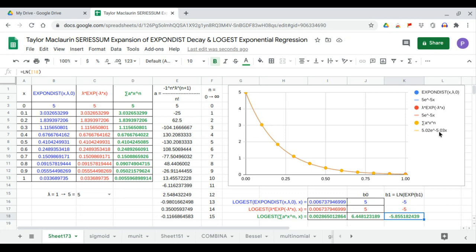Although the trend line shows a slight error, our regression coefficients already differ. This completes the use of array formula, EXPONDIST, and the Taylor-Maclaurin SERIESSUM expansion to generate the trend line of the EXPONDIST decay.